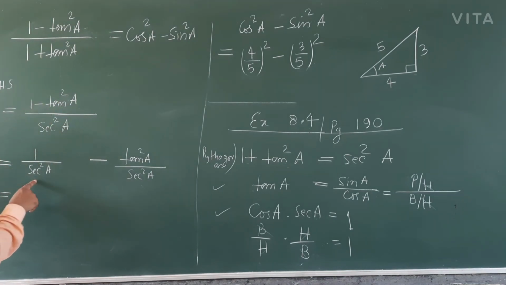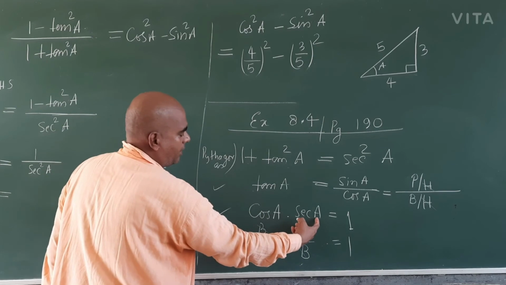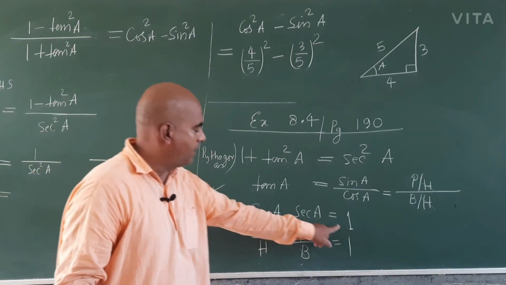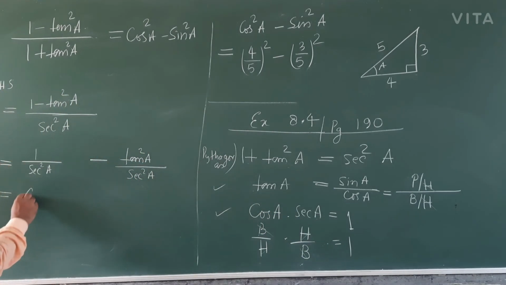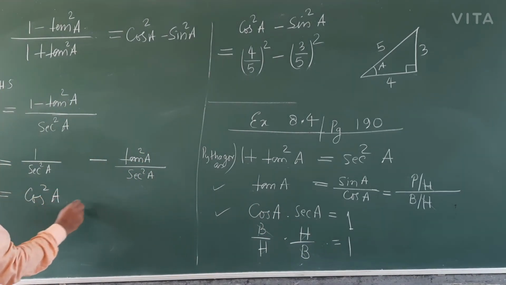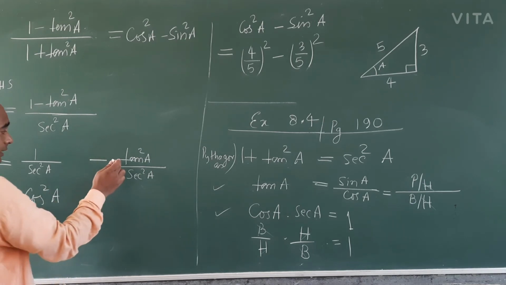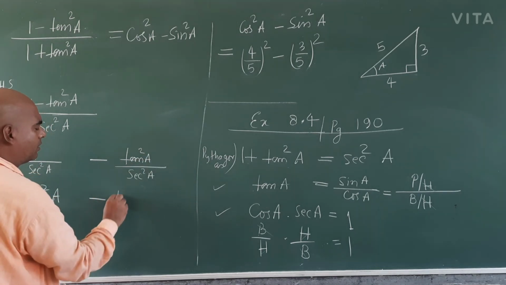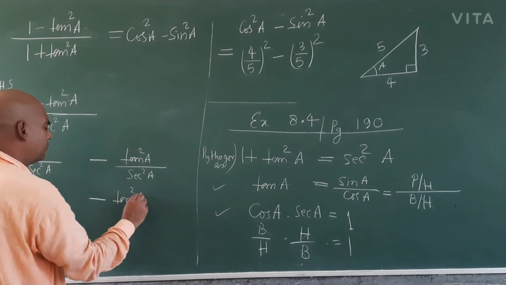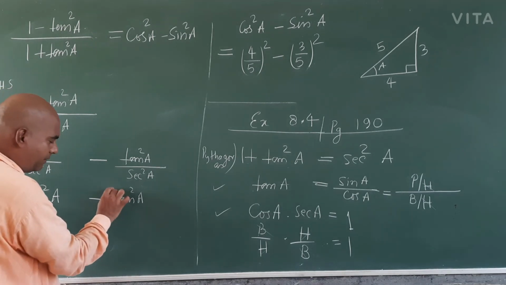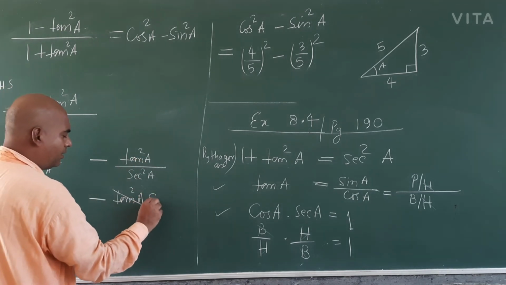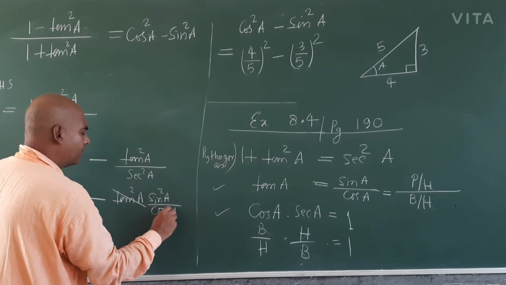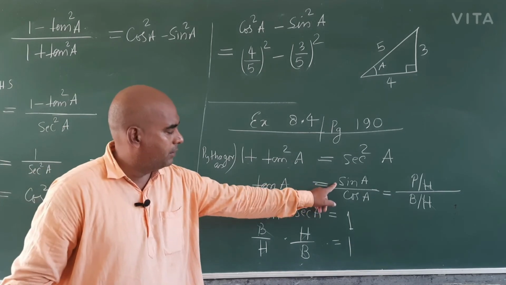1 upon sec square A, this formula: 1 upon sec A is equal to cos A. This is cos square A, and this is tan square A upon sec square A. You know, 1 upon sec means cos. Tan square A, let me change tan square A as sin square A upon cos square A. I have used this one.